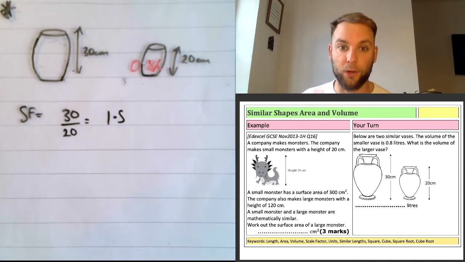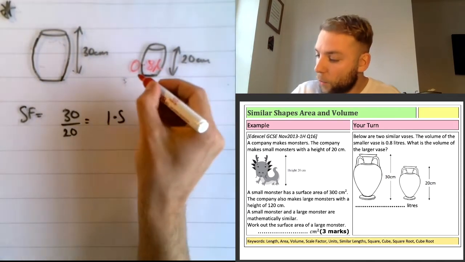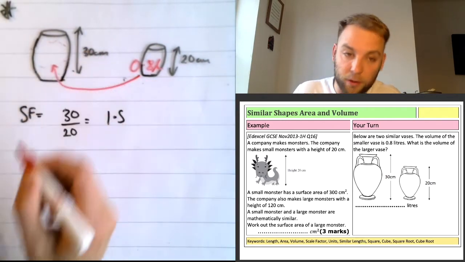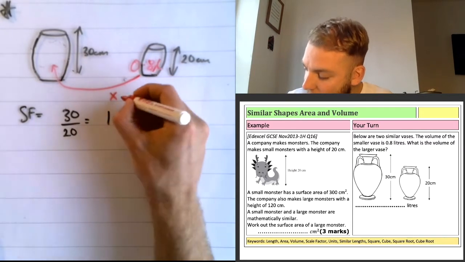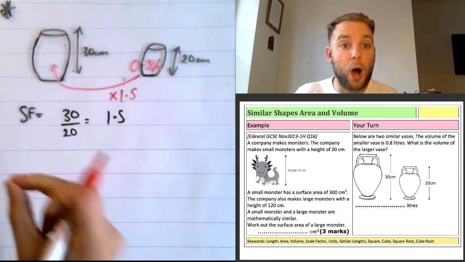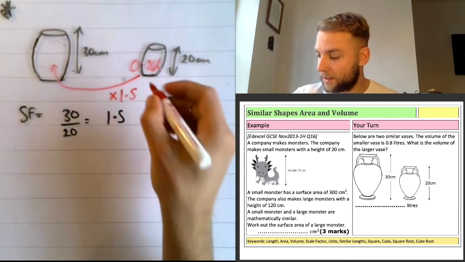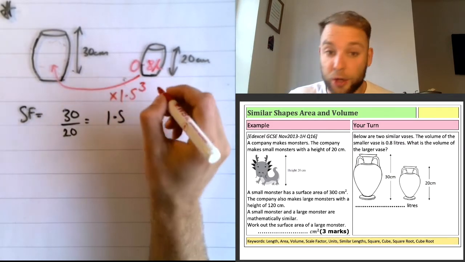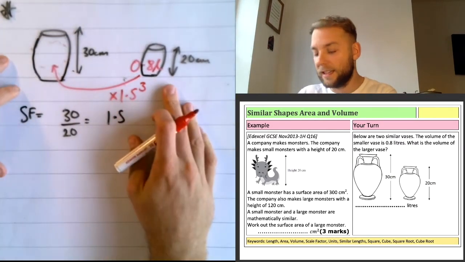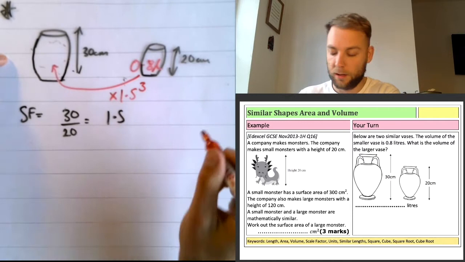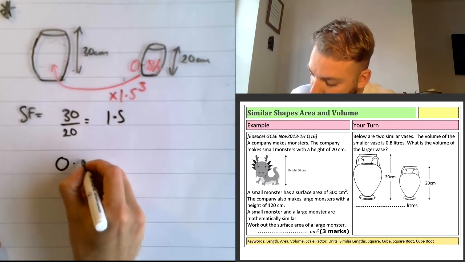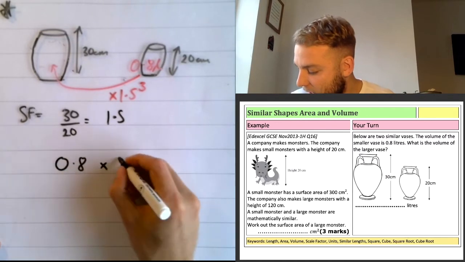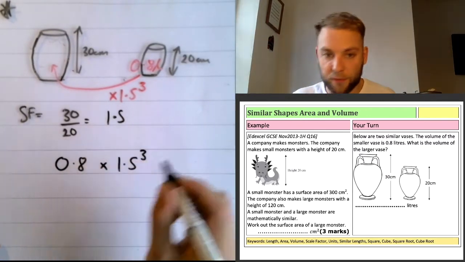Okay, so if I want to find out my larger volume, I need to times by my scale factor, which is 1.5. Because litres is a measure of volume, it needs to be 1.5 cubed, because it's volume. So in which case this is going to be 0.8 times by 1.5 to the power of 3.